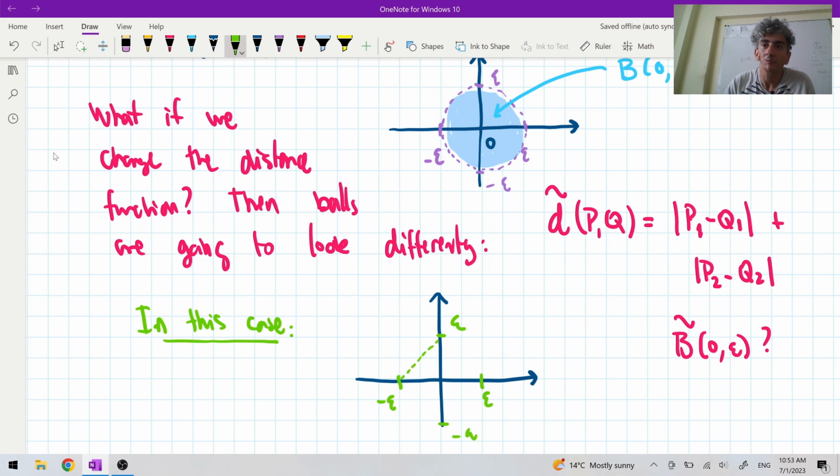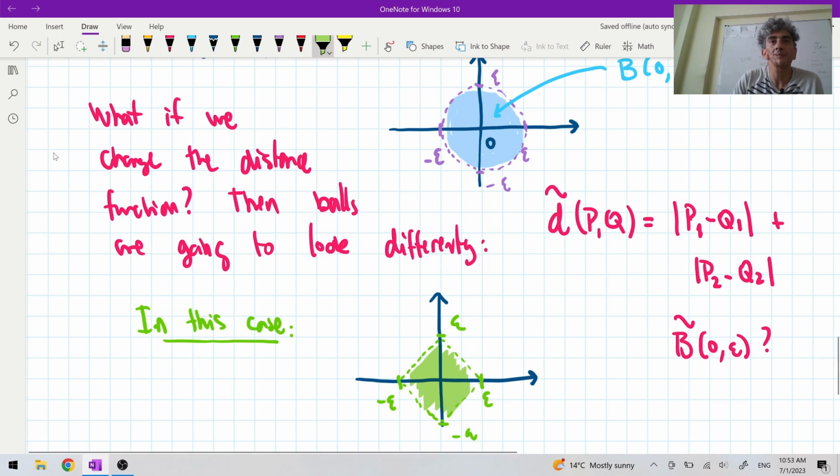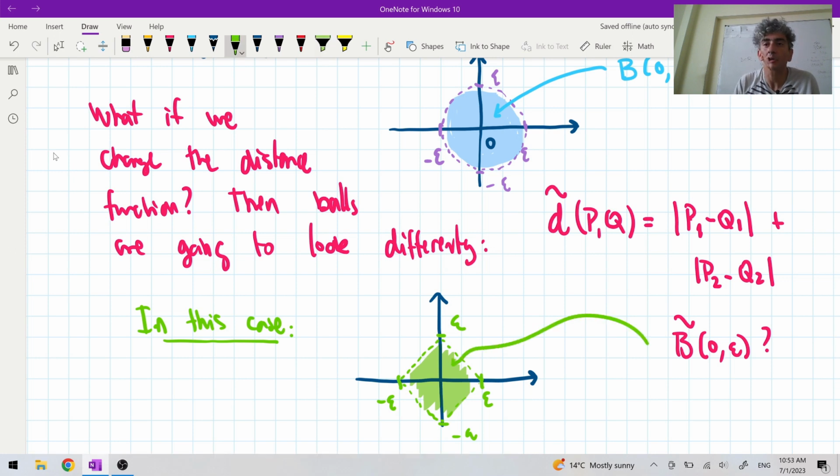Now, you have to think of this polygon, and the actual ball is going to be everything that's contained inside. So this is the ball that we're talking about. If you change the distance, the shape of the ball changes. Okay, so we have lots of freedom in terms of how to model things. Okay, metric spaces are really flexible and allow lots of other structures to sneak into the picture.